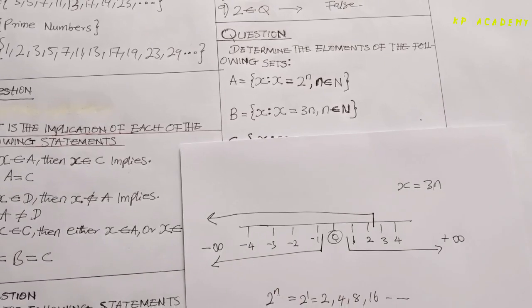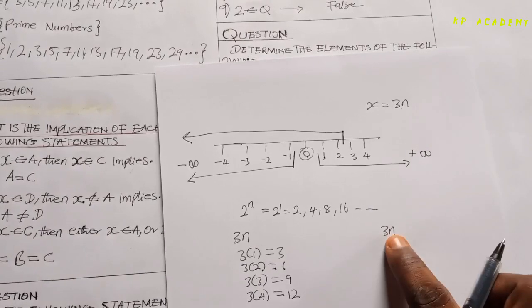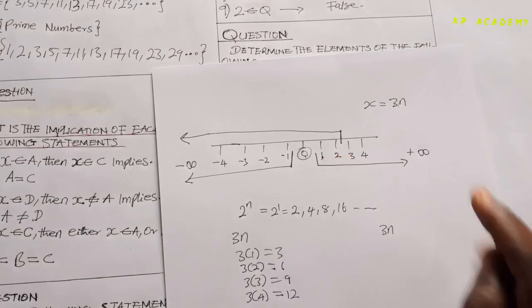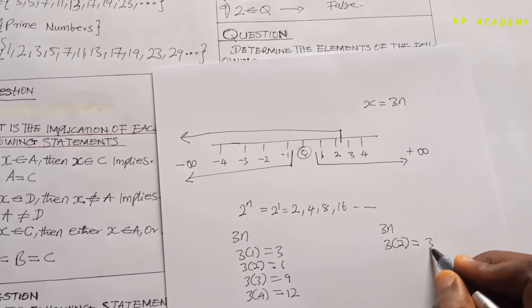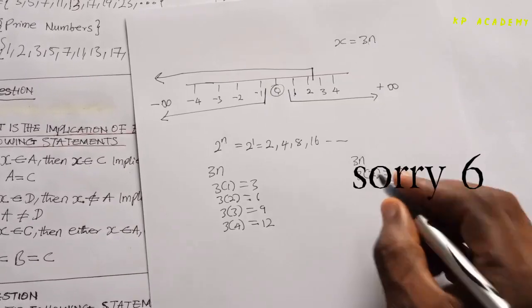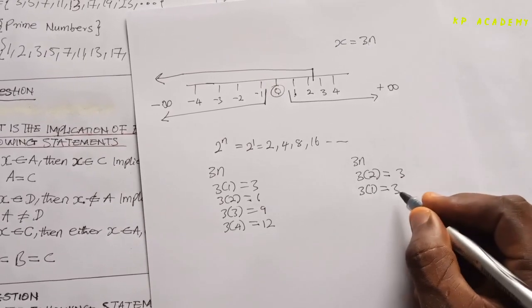So what we are going to do now is, in this 3n as the formula, we are going to pick positive 2 and put it in here. So it will be 3 into 2, which is equal to 6. Next one is going to be 3 into 1, which is equal to 3. All right.